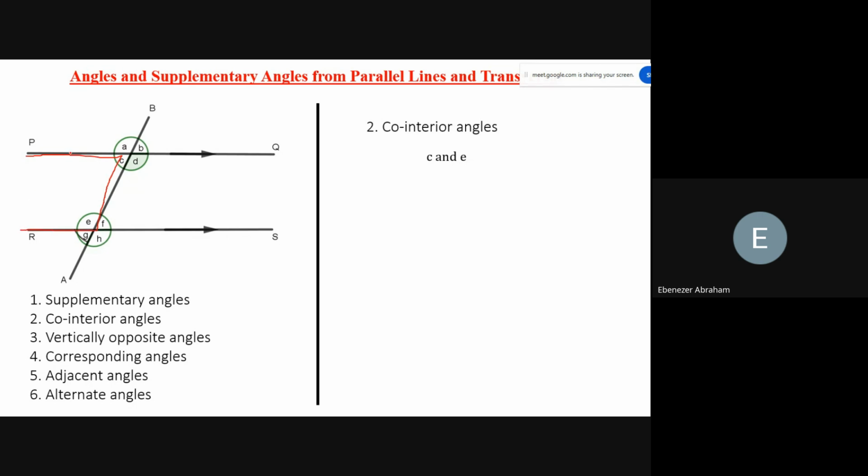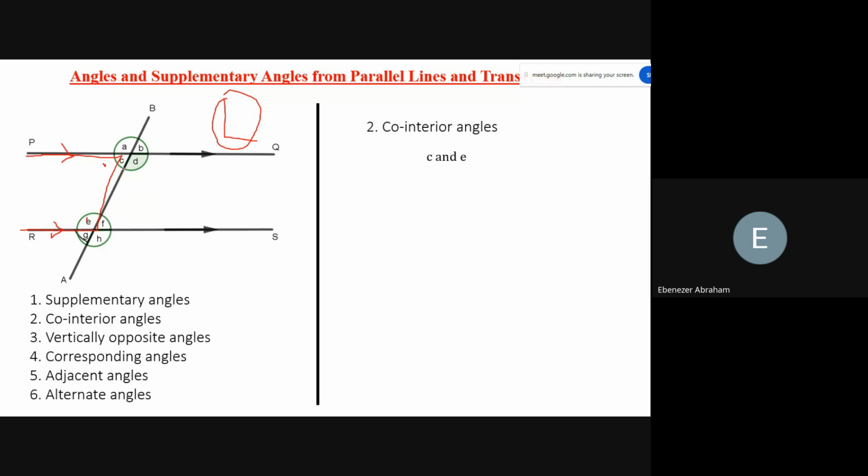will definitely tell you, provided the lines are parallel, the opposing lines. That's the condition. If you don't find that condition there, please don't conclude that the angles are co-interior. As in the introduction, I was telling you whether it is a right-angled triangle: look out for the features of the diagram before you conclude.